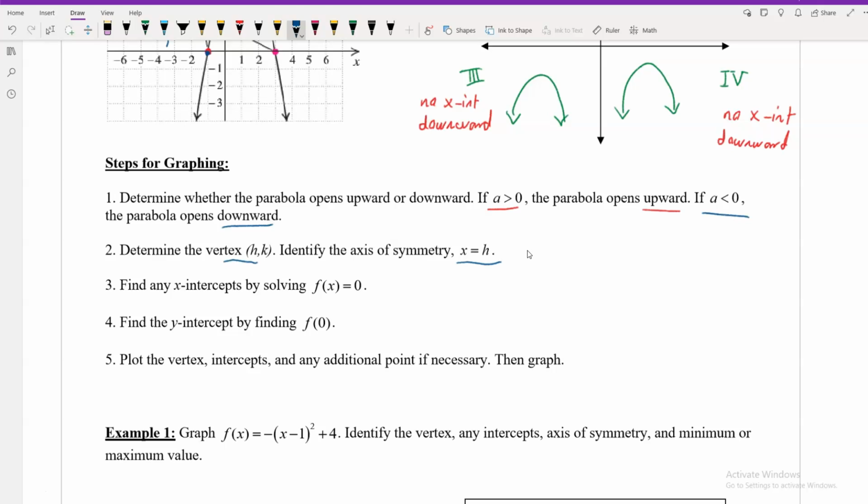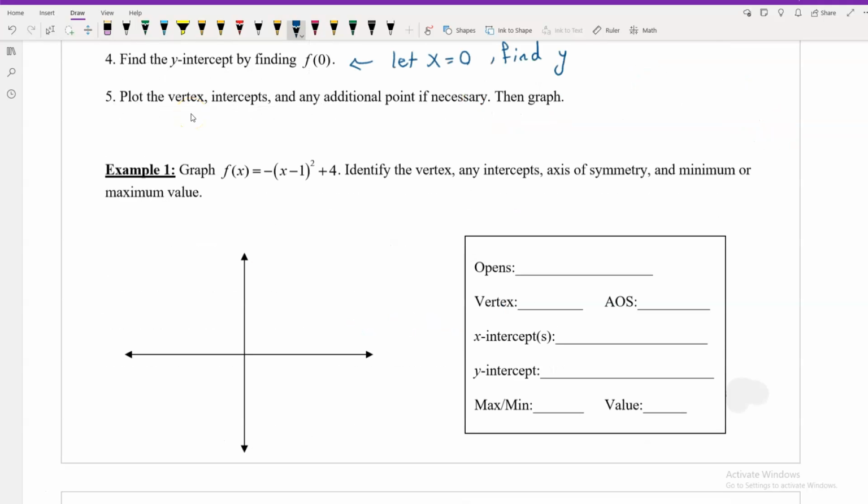What this means is y equals 0, and then find x. Next, for the y-intercept, we have to find f(0). What this means is let x equal 0 and then find y. And finally, plot the vertex, intercepts, and any additional points, then graph.